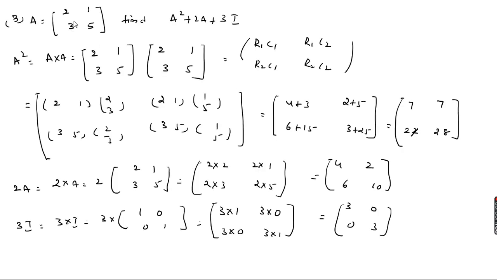So let us recall that problem. Given that A matrix, we need to find A square plus 2A plus 3I. First we do A square, which is nothing but A into A. What is the procedure? R1C1, R1C2, R2C1, R2C2. Like that we simplify each one and we get this A square matrix. Next 2A is 2 into A, so each element is multiplied by 2. 3I is nothing but 3 into I, each element of I is multiplied by 3.